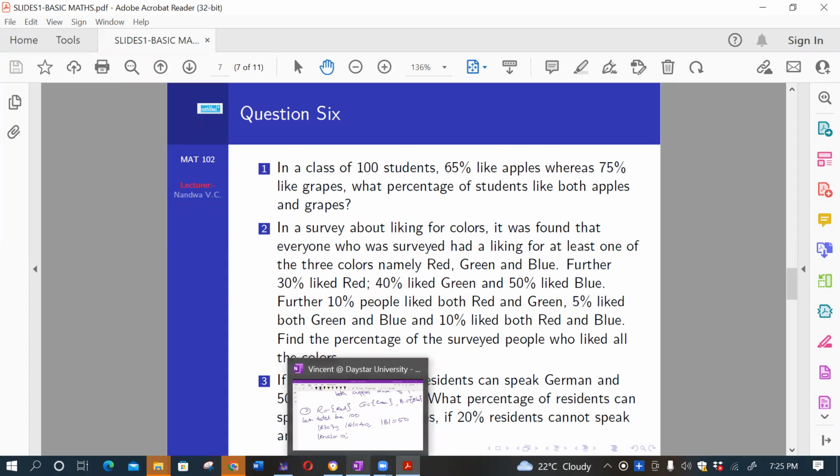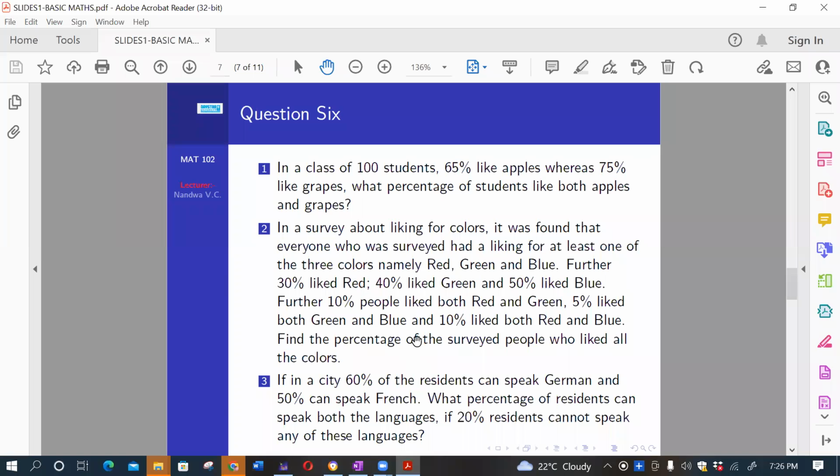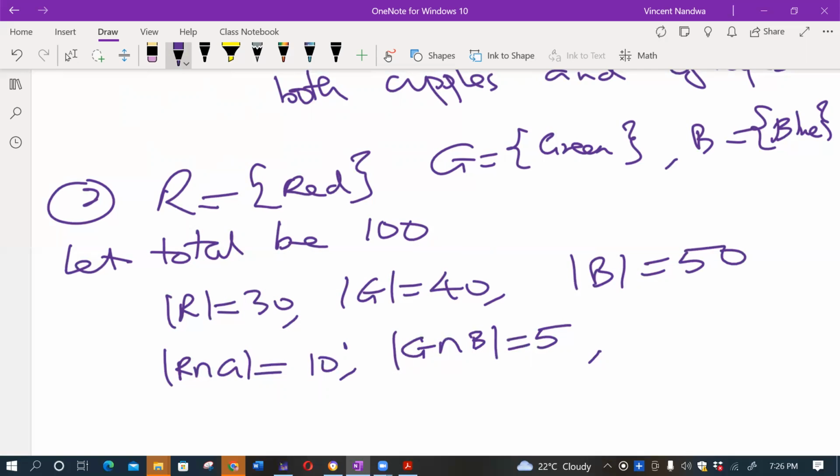So GB is 5. And then 10% liked both red and blue. So RB is 10.